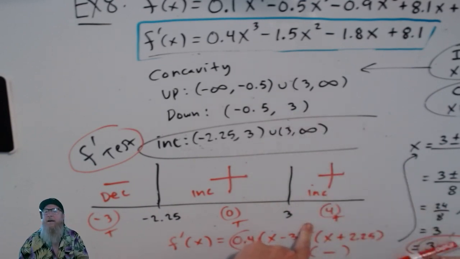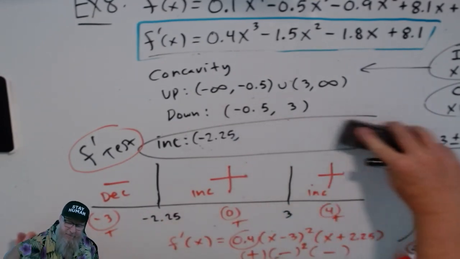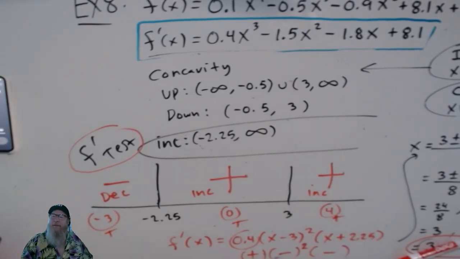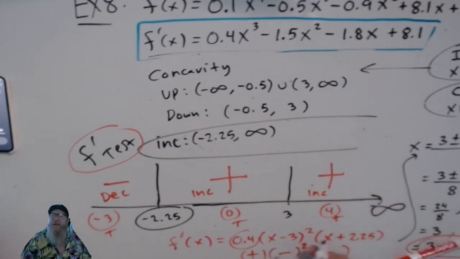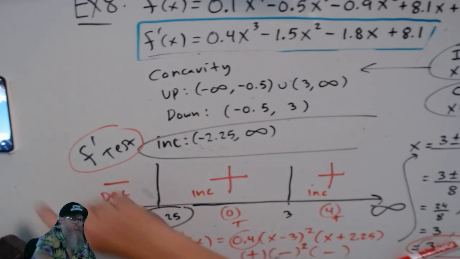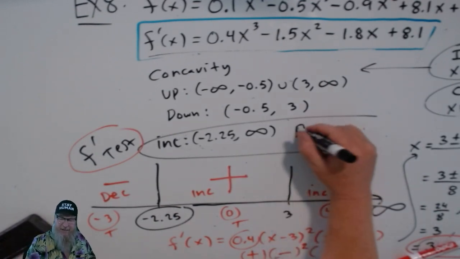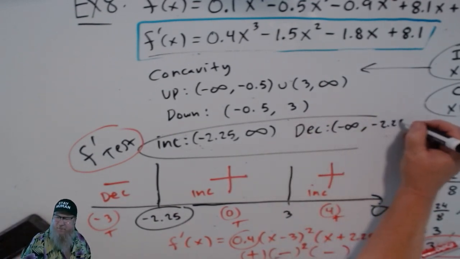When this happens, we don't bother writing the union. We just say from here, increasing all the way to infinity, and you just ignore the 3 altogether. And then decreasing, negative infinity to negative 2.25.